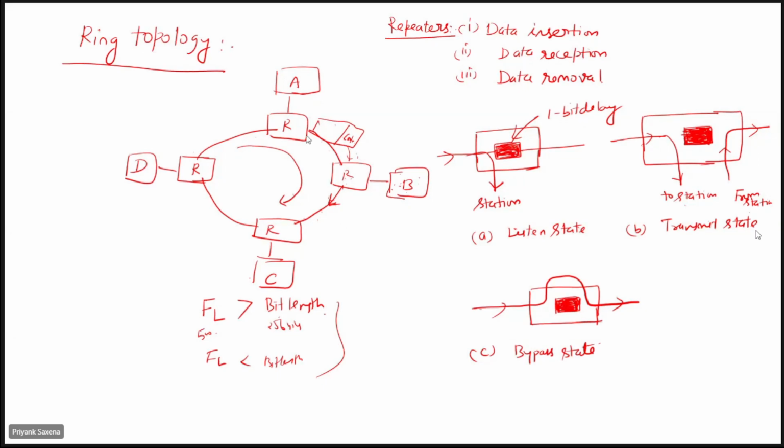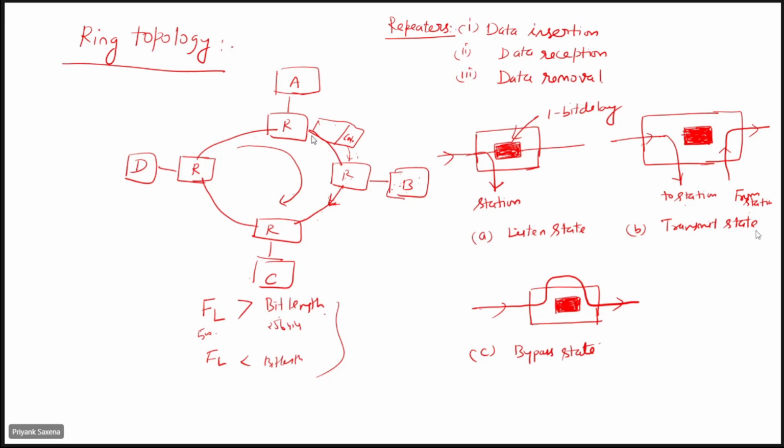The most important advantage is that it uses a point-to-point link. And there are repeaters, because at each node the signal is regenerated. So a greater distance can be covered. So ring can be used to cover a larger distance as compared to bus and tree, which can cover only a smaller distance.